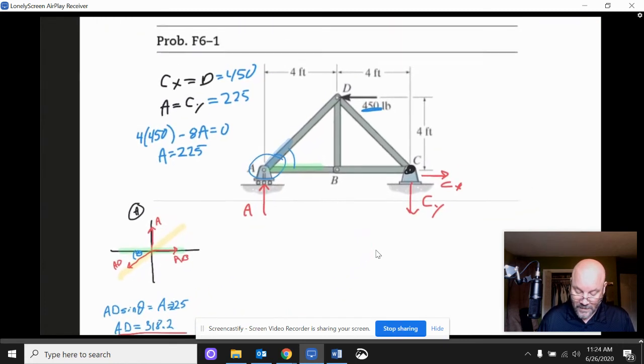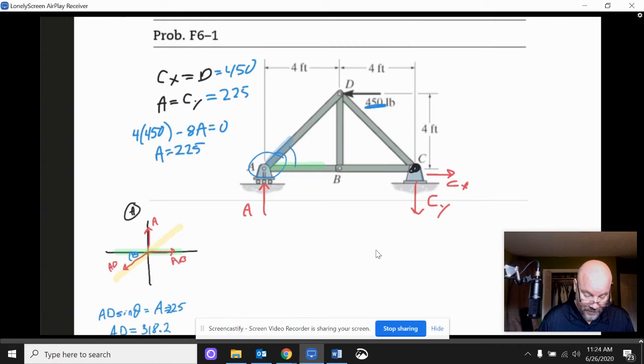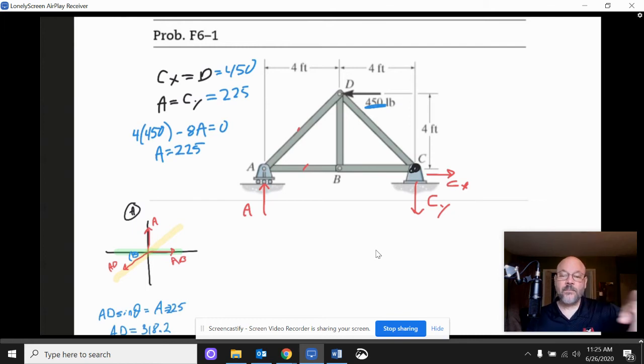So let's come up here and let me get rid of some stuff. It's going to get a little messy. We don't want that. But we have figured out this beam and this beam. So we've got 3 beams left to take care of. So we're doing the method of joints.